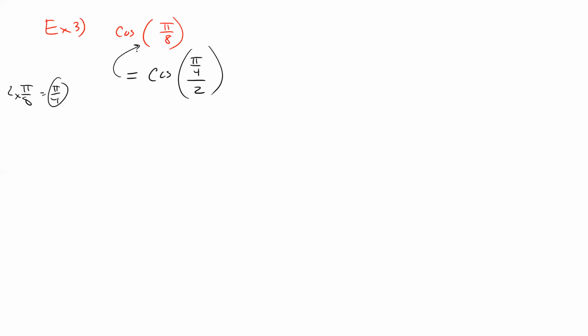Is it because you need to put it in the formula? Yes, it's the formula, so I want to make sure that it looks just like this. And then I've determined what my A value is. My A value is pi over 4. So pi over 4 divided by 2 would be pi over 8. All right, all yours. Go for it.